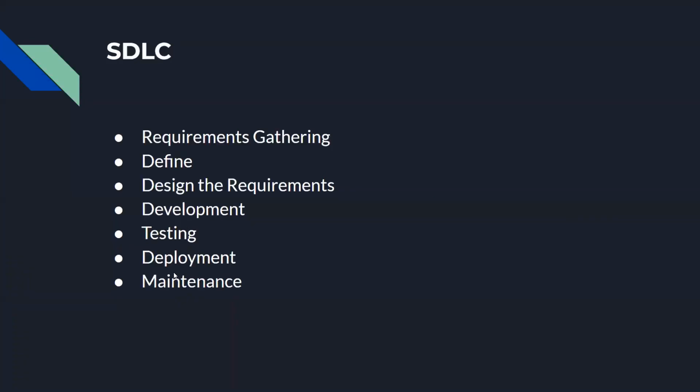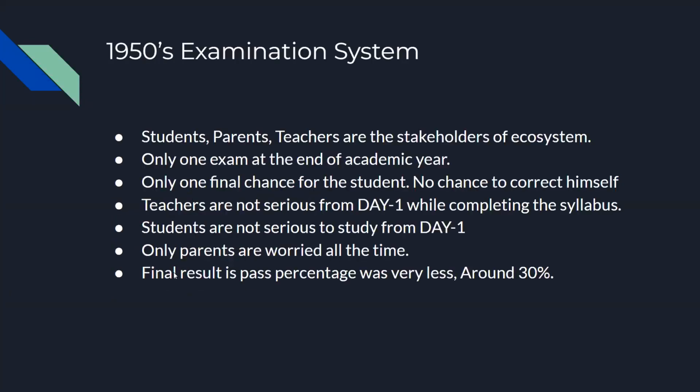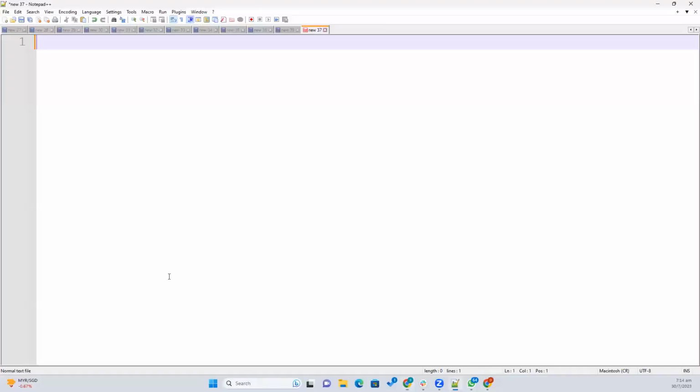Now let us discuss an example of a daily life scenario around us. Let's go back 70 years, to the 1950s examination system. Before any project, there will be stakeholders. Who are the stakeholders?